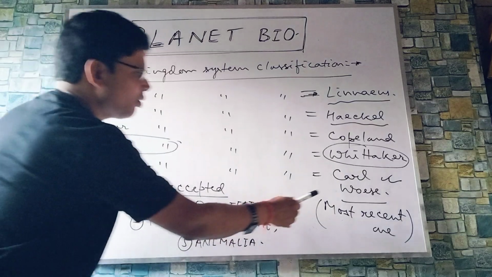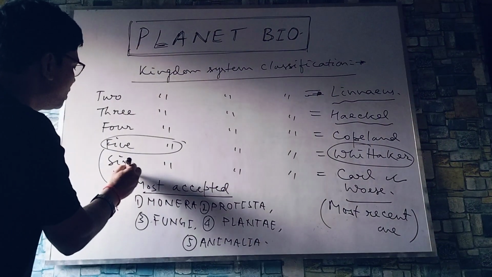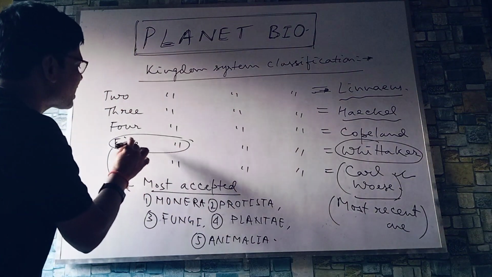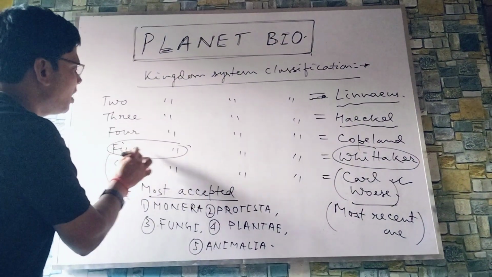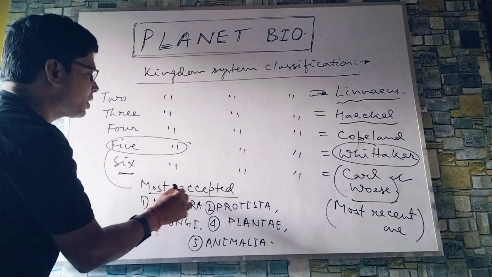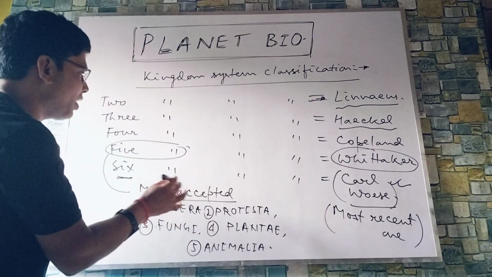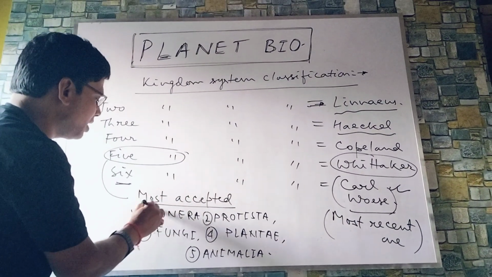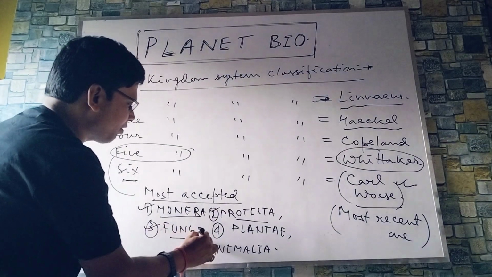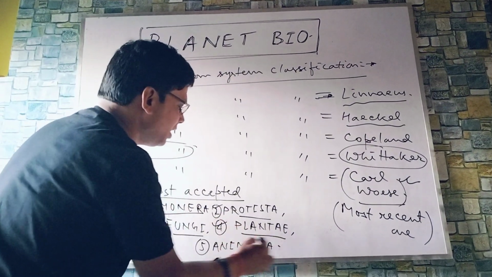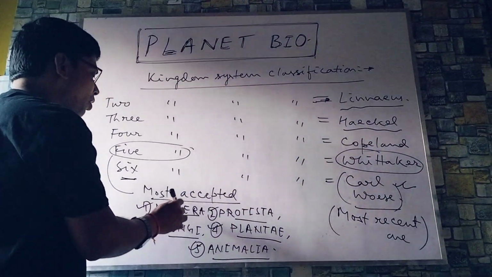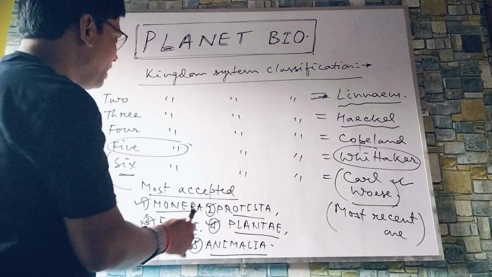The most recent one is the six kingdom system classification given by Carl Woese, but the most accepted one is the five kingdom system classification given by Whittaker, which includes kingdom Monera, Protista, Fungi, Plantae, and Animalia.